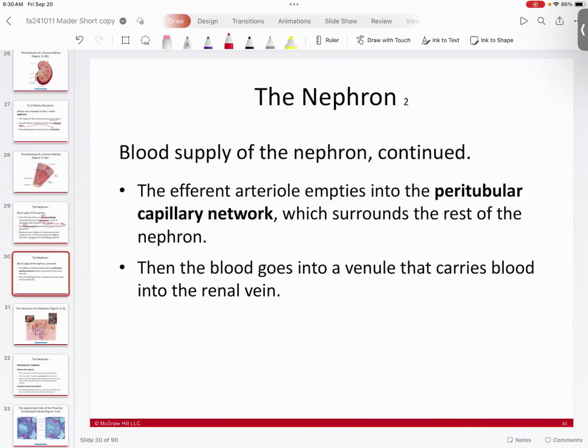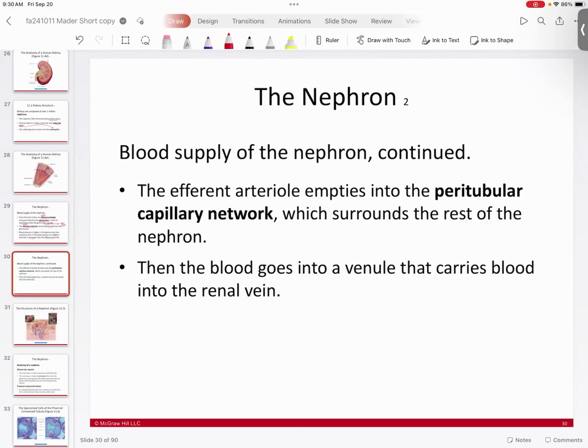We need to create that higher pressure because we're creating a filtration membrane. It's like a sieve. We're pushing the blood against this filtration membrane to filter out all of the waste and stuff like that. So we need a strong blood pressure push in order to get that to happen.